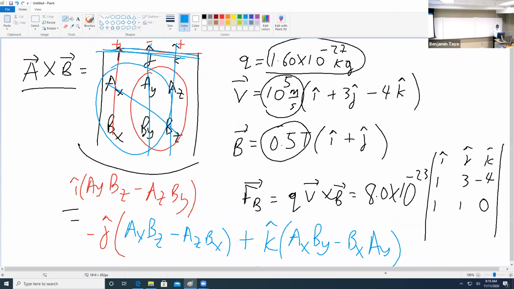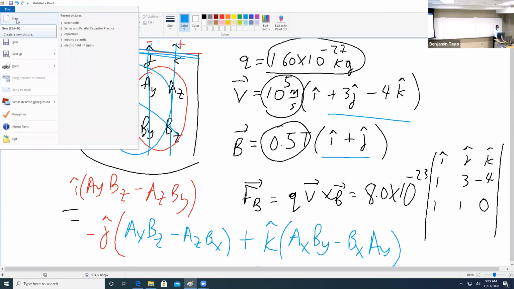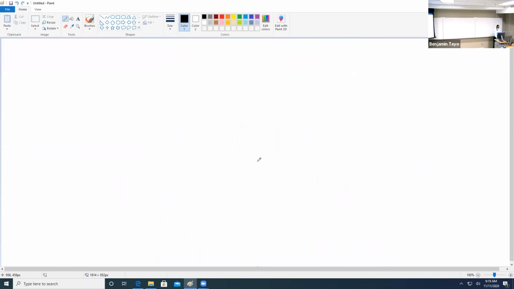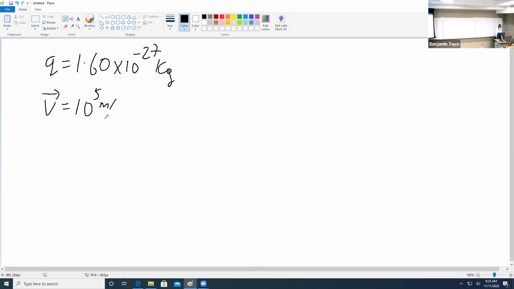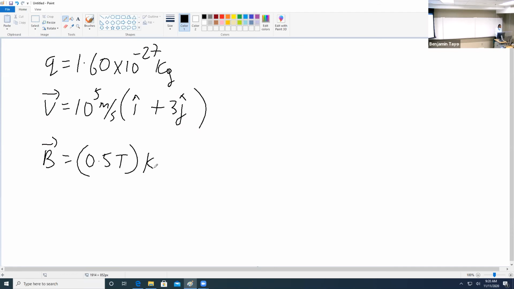So this is when you may decide that you want to use this equation. But let's look at a very simple example where it just tells me that, again, let's say this is equal to 1.60, and the velocity is 10 to the power 5 meters per second, with 0.5 Teslas pointing in the K direction.